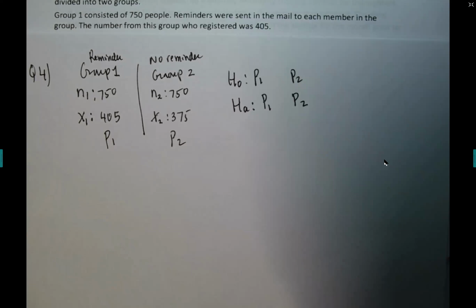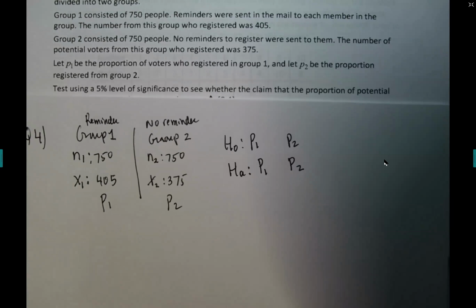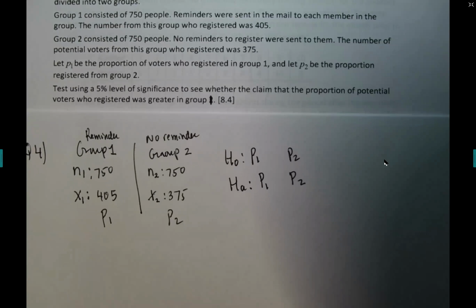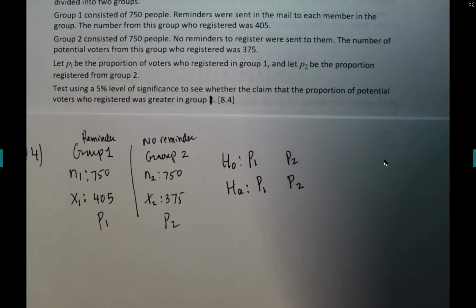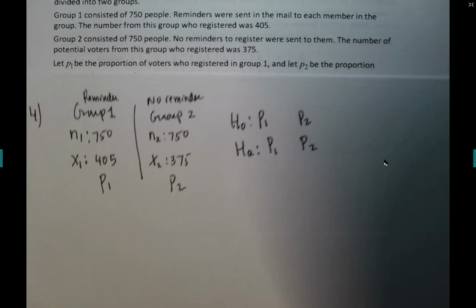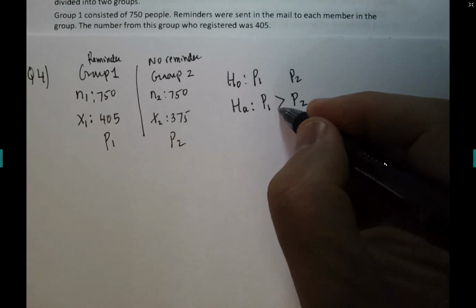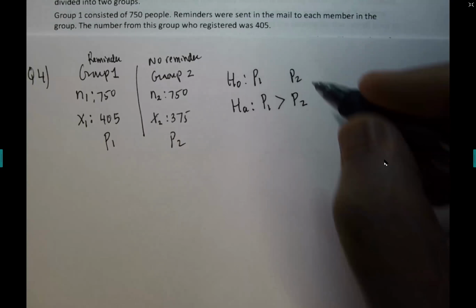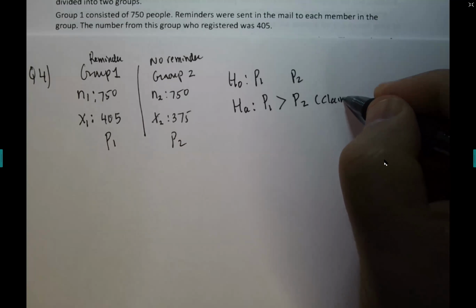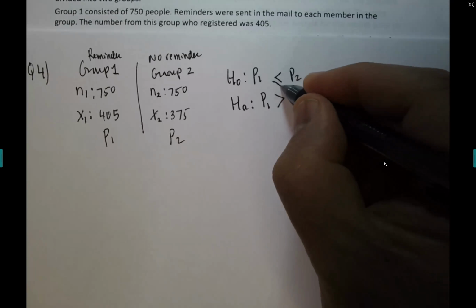You need to state the alternative first, because he says test the claim that the proportion of potential voters who registered was greater in group 1, who were sent the reminder. So greater, there will be this sign, guys, and that's the claim. And the null will be less than or equal.